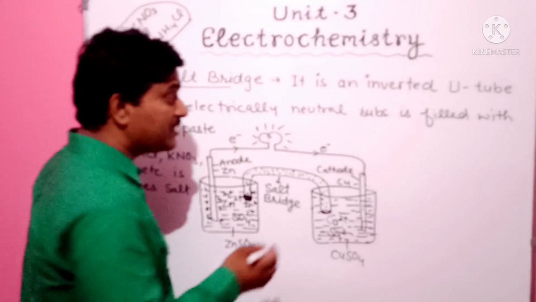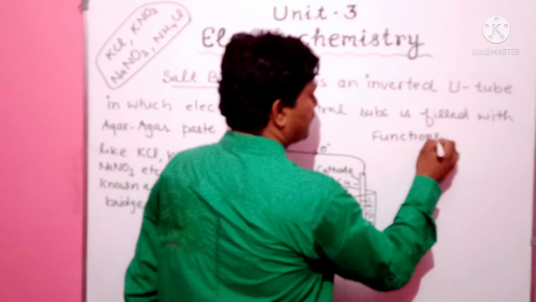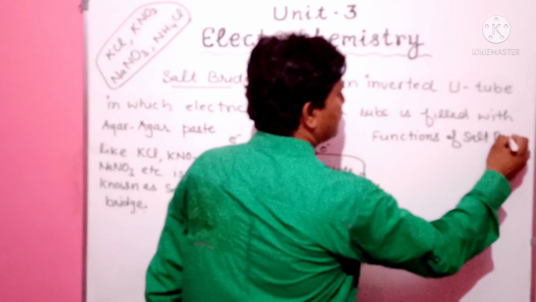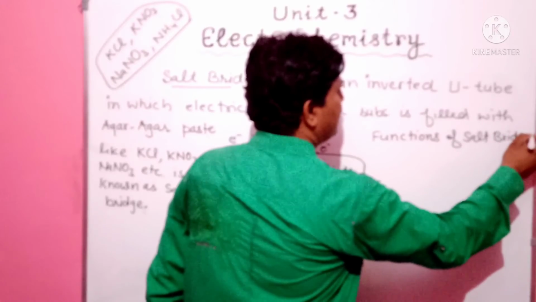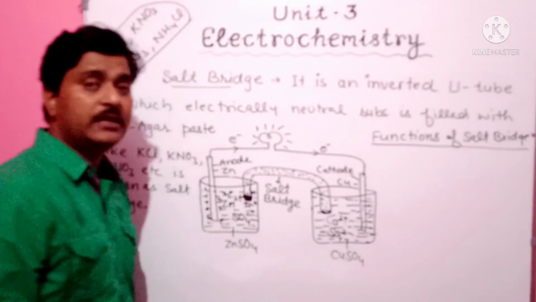Why? What is the function of that salt bridge? Let us see the functions of salt bridge. What does the salt bridge do during the reaction or in a galvanic cell?